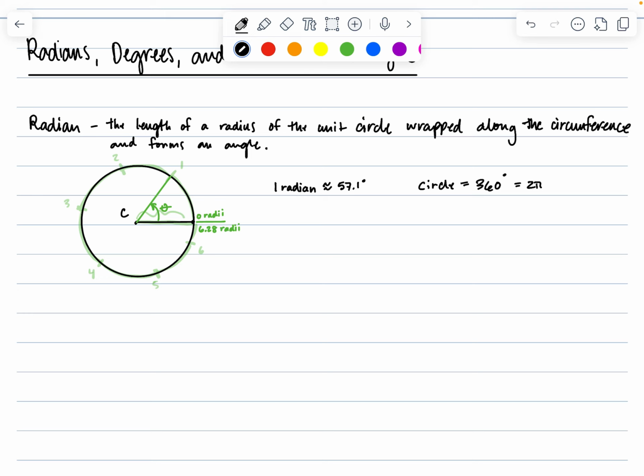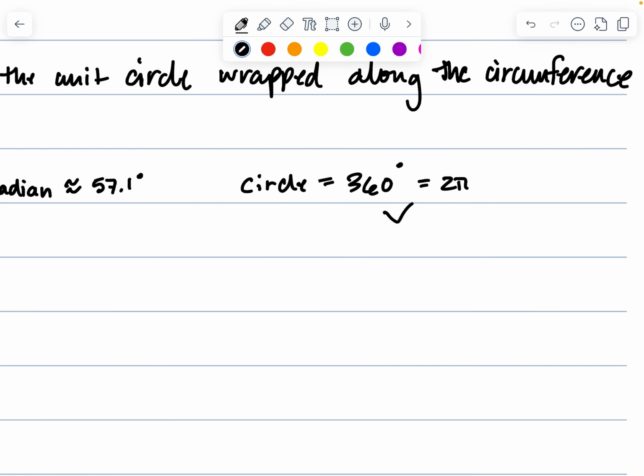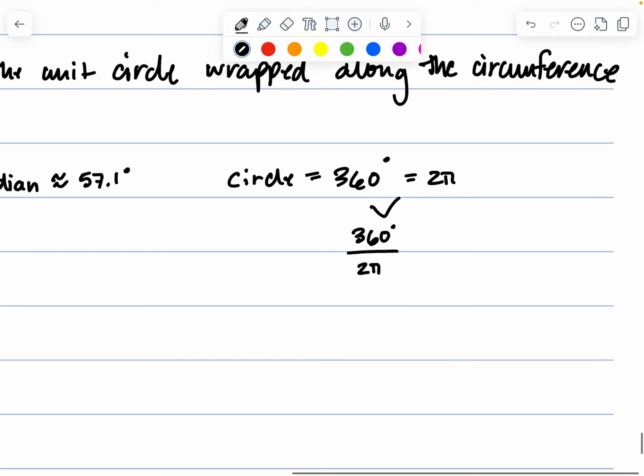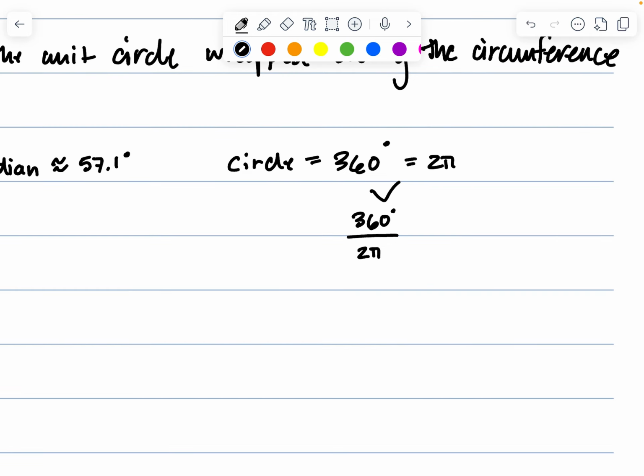Okay? Now, we could also write this as a ratio, as a fraction specifically. We could say 360 degrees over 2 pi, which can actually be simplified because both of these are even numbers.